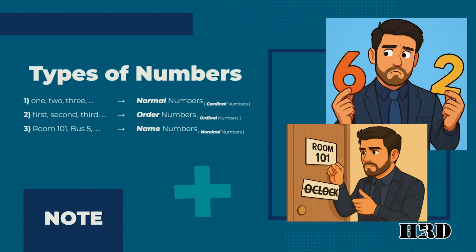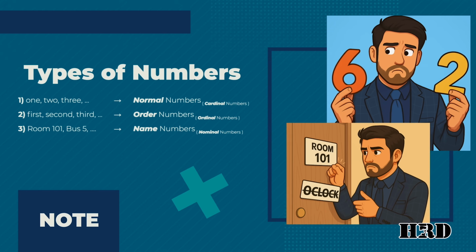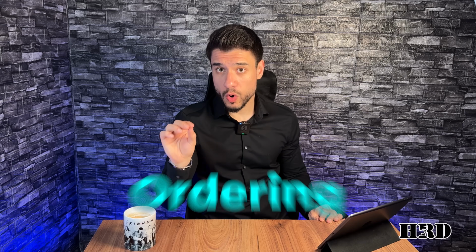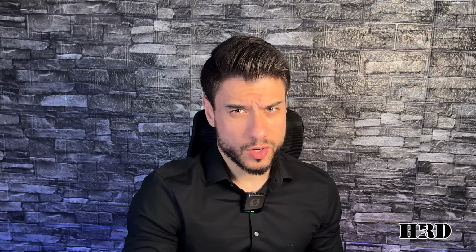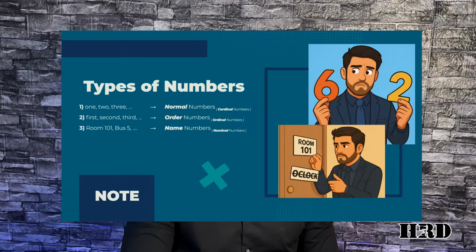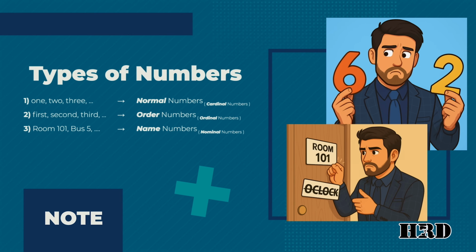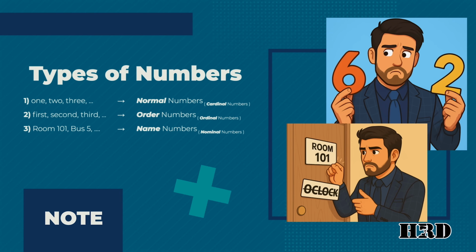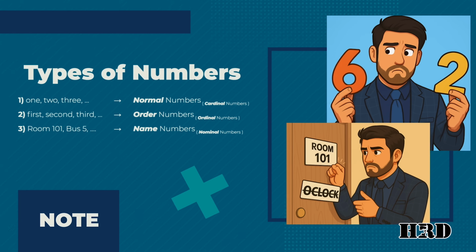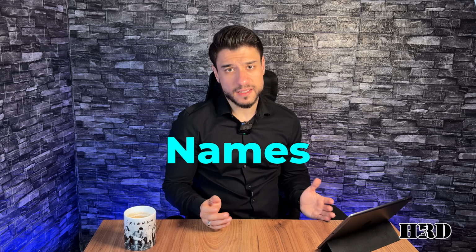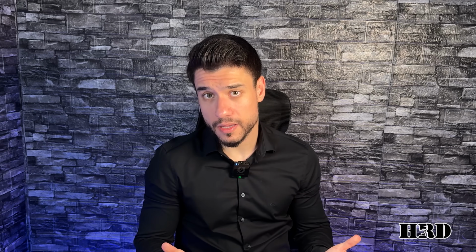First, second, third. Order numbers. We use them for ordering. All right. Room 101. Bus 5. Name numbers. These are just names, like a room number.